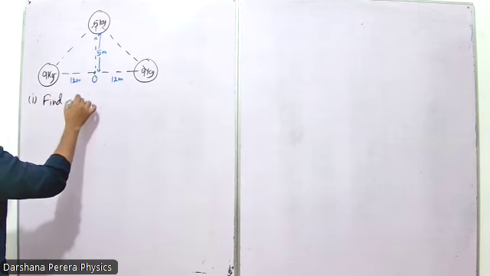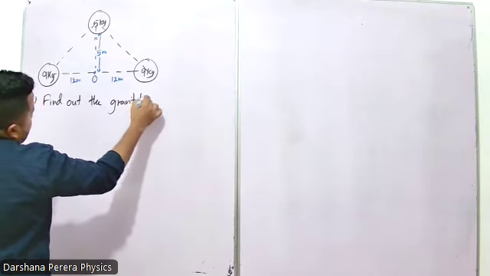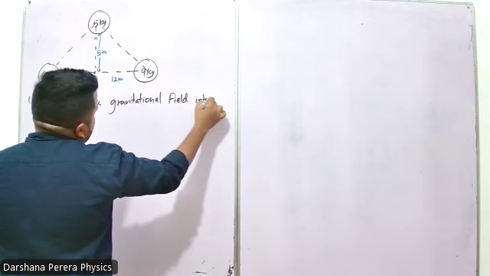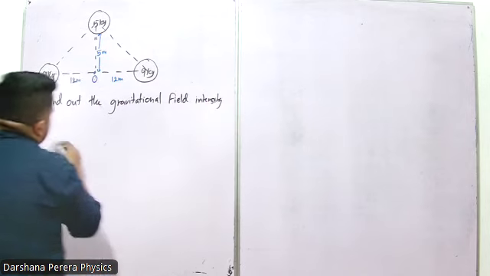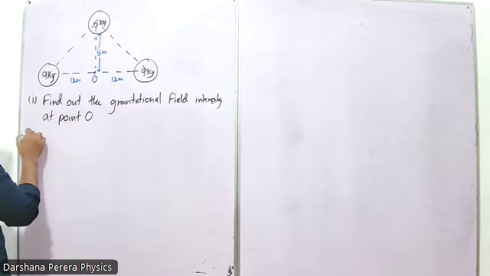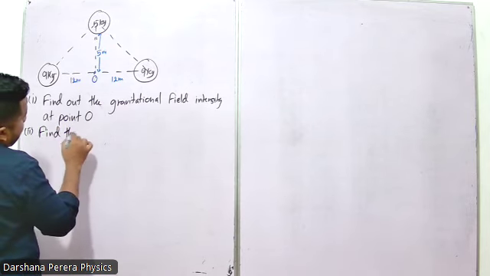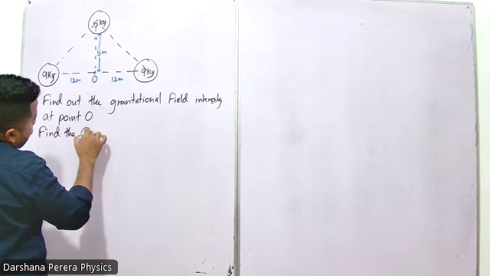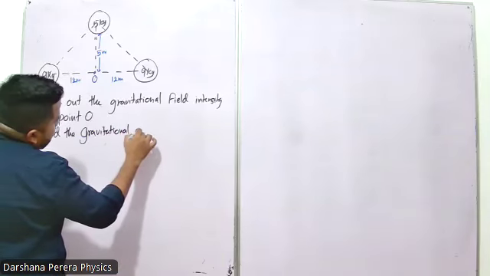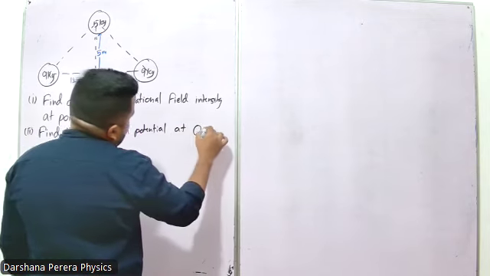Find out the gravitational field intensity at point O. Number 2, find the gravitational potential at O point.